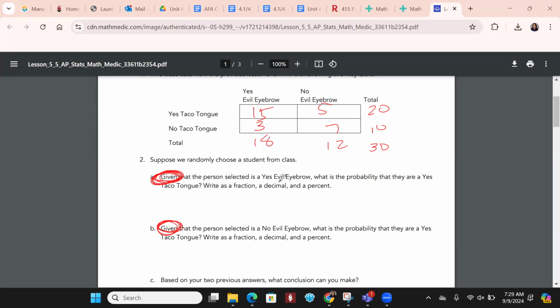Given that the person selected yes, evil eyebrow, so out of the 18, how many would have said yes, taco tongue? 15 out of 18. If we put that into our calculator, we get 0.833, so that would be 83.3%.